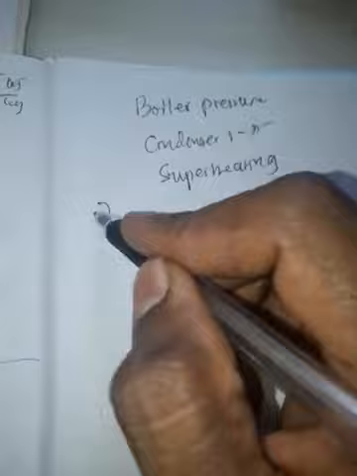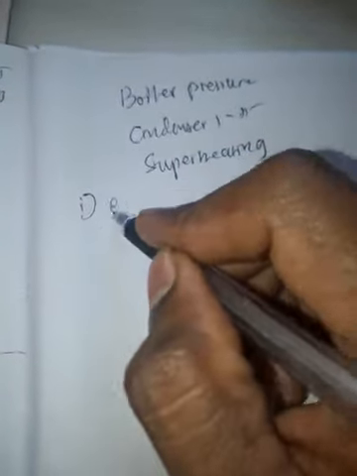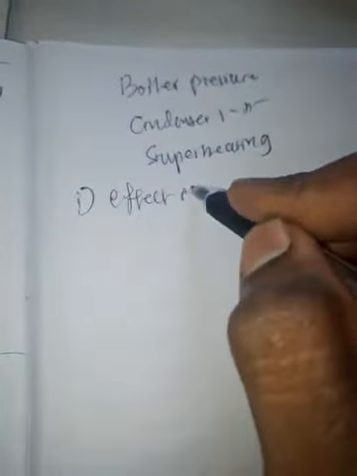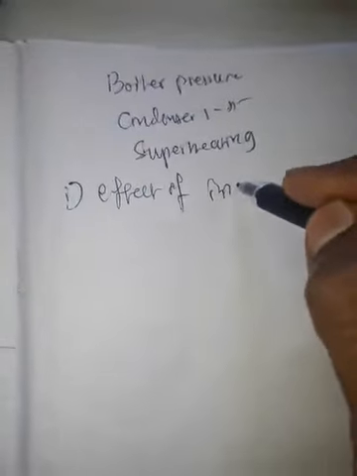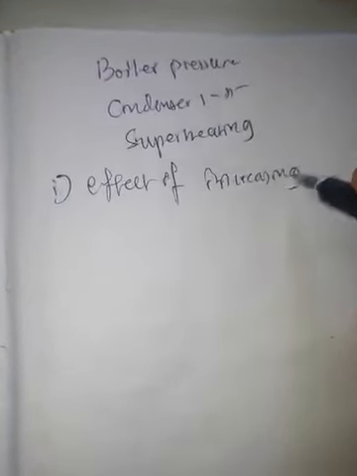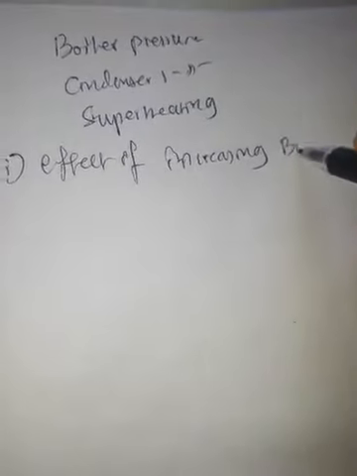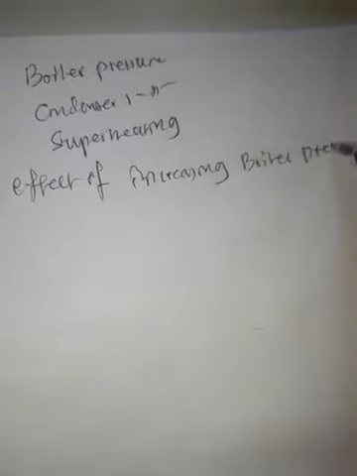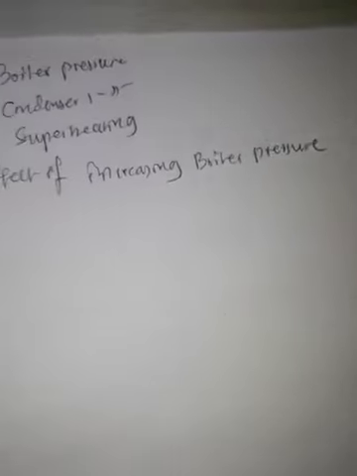First one is effect of increasing boiler pressure in Rankine cycle.